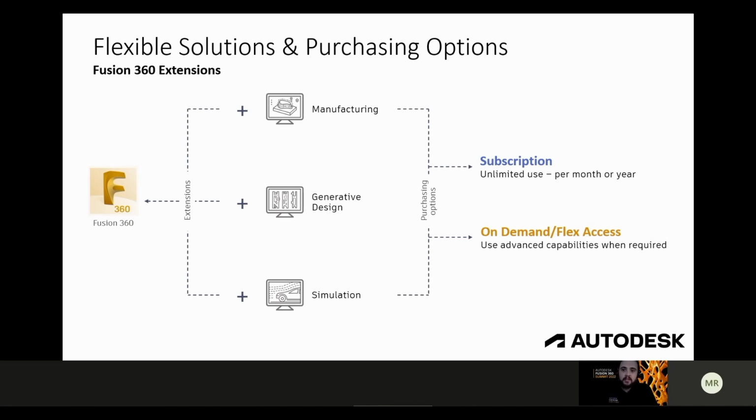So where do you then go about accessing these extensions? Well, I touched on it at the start. We obviously have trials available for these Fusion 360 extensions. My recommendation to you is reach out to your Autodesk approved partner who's probably on this call or invited you to this event today. The reason I say this is with your Autodesk partner, you'll be able to schedule a workflow review, a call with them to go through and understand exactly where you would benefit from using one of the Fusion 360 extensions.